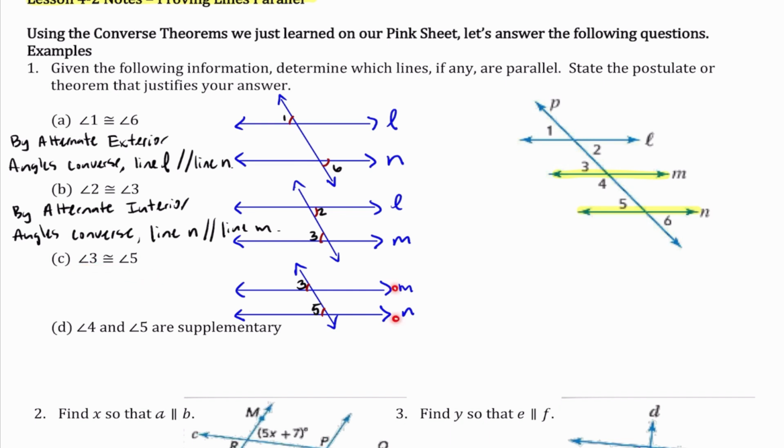So, are these two lines parallel to each other? By the corresponding angles converse, if two lines are cut by a transversal and the corresponding angles are congruent, which they are, then the lines are parallel. So what can we conclude from what we have here? We say that lines M and N are parallel to each other.